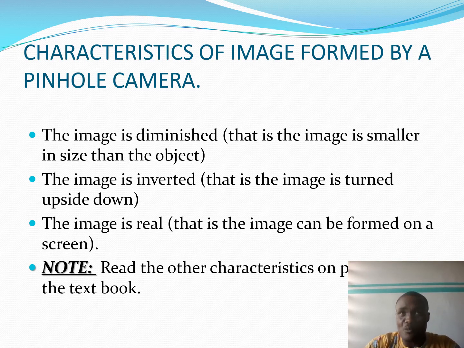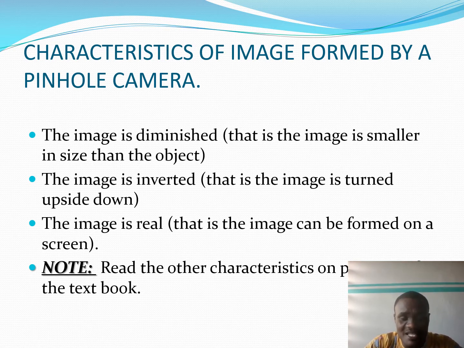That is, when the object distance is shorter than the image distance, the image becomes what? Big. When the image distance is longer than the object distance, the image is what? Big. That's the opposite way around. When the object is placed farther away from the pinhole camera, the image formed is going to be small. That is the object distance.